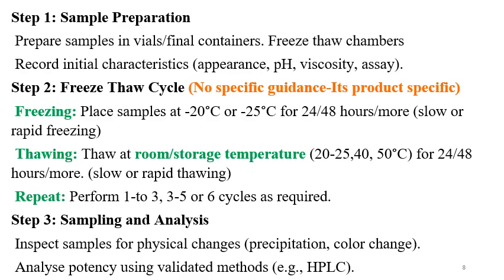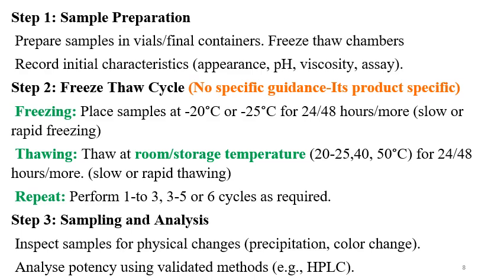Continue the thawing for 24 hours or 48 hours or more depending on the formulation requirement and your study requirement. Thawing may also be slow or rapid. Means once you have frozen the sample, keep it at room temperature for some time and then expose to the higher temperature. Repeat these cycles 1 to 3 times, 3 to 5 times or 6 times.